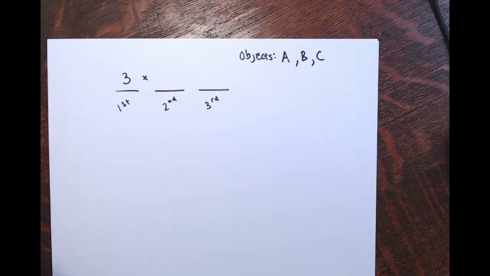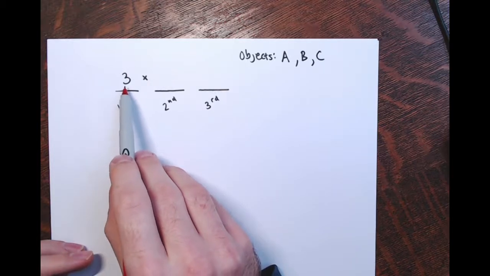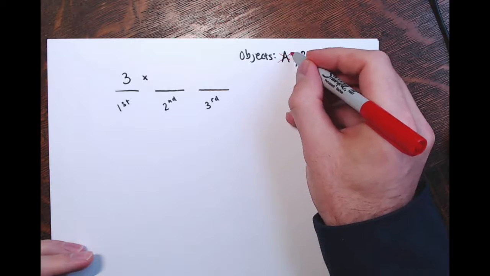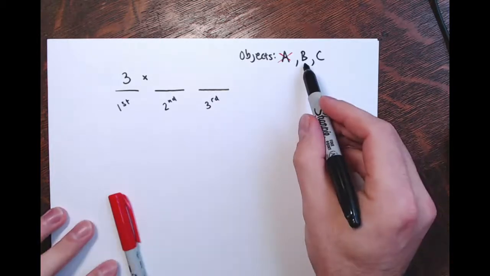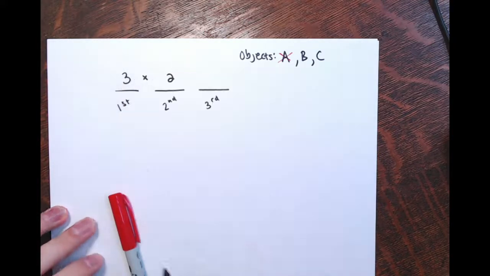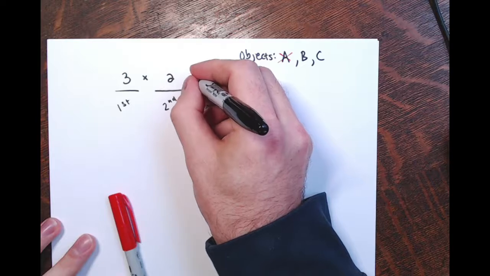Now say I pick a letter, A, I put A here. That means I don't have A anymore to choose from. So then for the second choice, my choice of the second object, or the second position, there are now only 2 choices left. So 3 for the first choice times 2 choices in the second process.